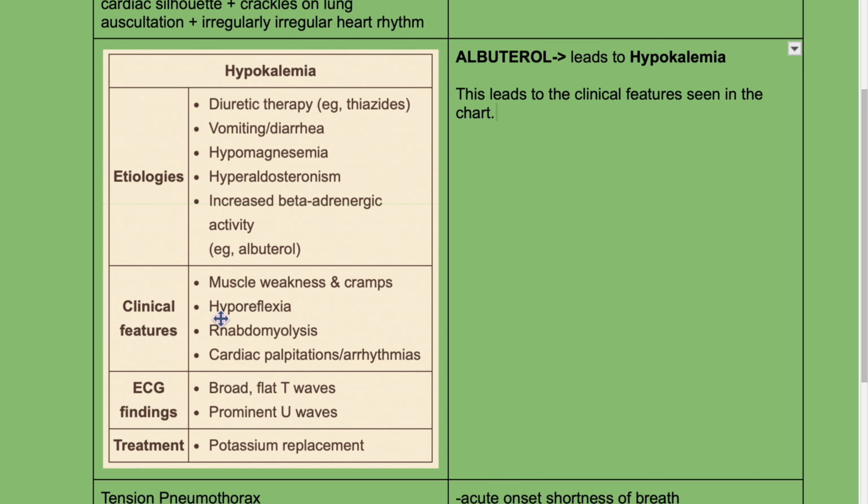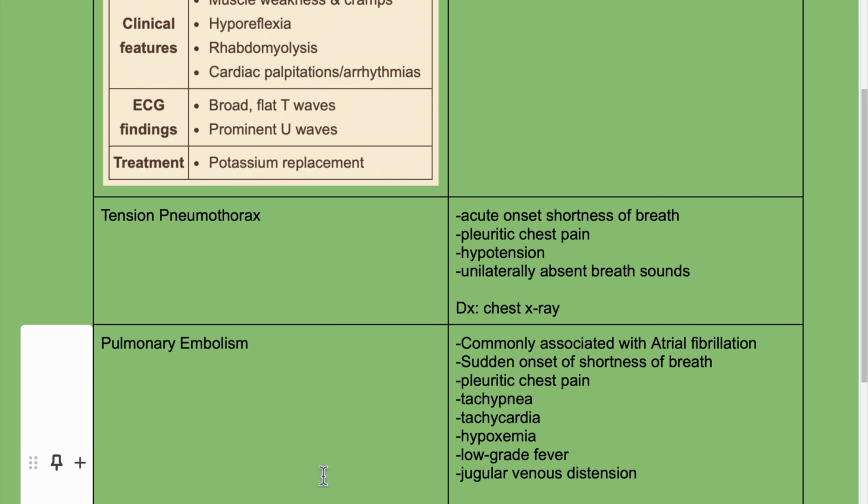Okay. So I believe I finished clinical features. ECG findings are going to be broad, flat peak waves or prominent U waves, right? Hypokalemia. Treatment here is potassium replacement.